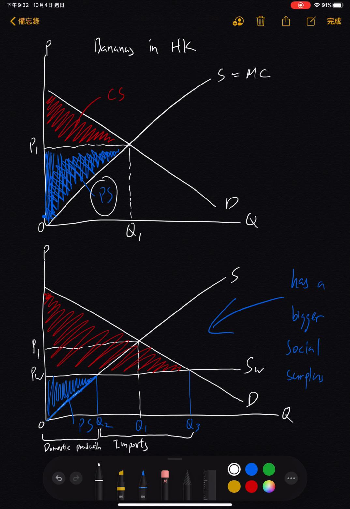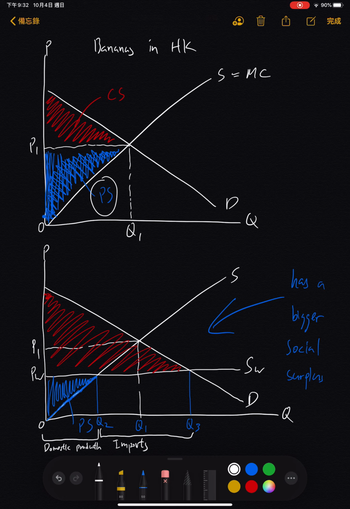From the different surpluses, you can see different meanings. PS is getting smaller because the domestic producers cannot survive as easily in this very competitive environment, and at the same time, CS is getting bigger because consumers can enjoy more bananas at a lower price. So that's why international trade is actually good for efficiency.